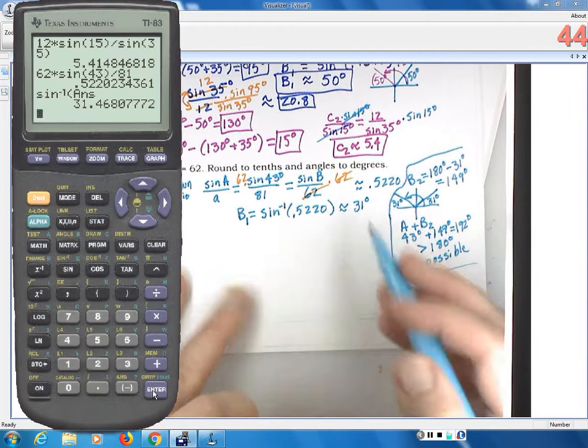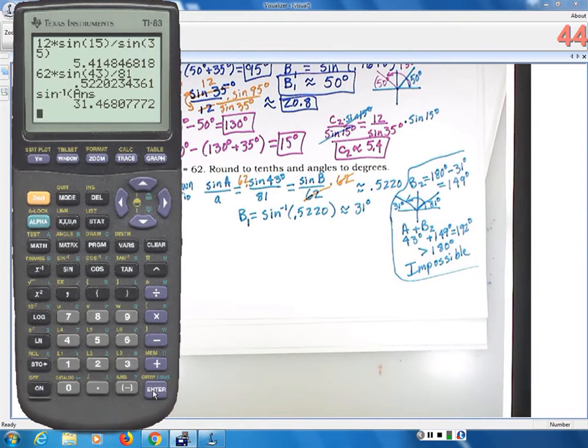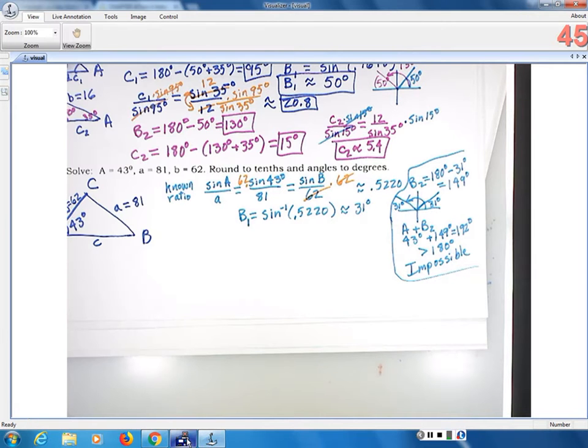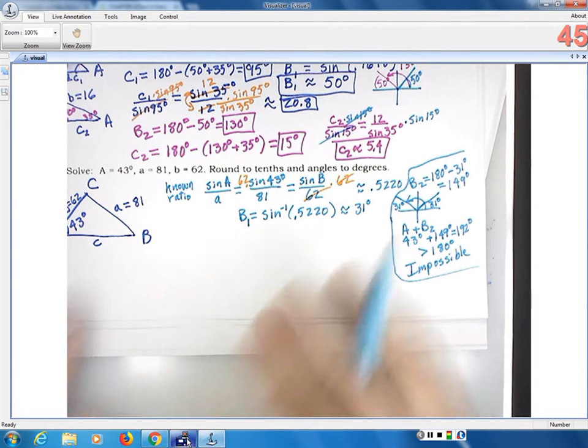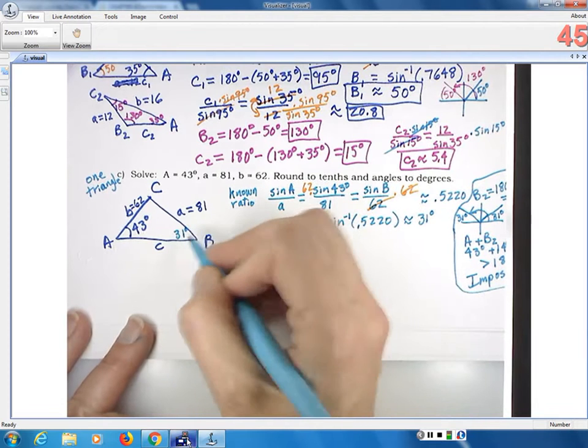But there is a first triangle, so we don't even have to call it B1, but with B equals 31 degrees. So B is 31 degrees, and there's only one triangle.